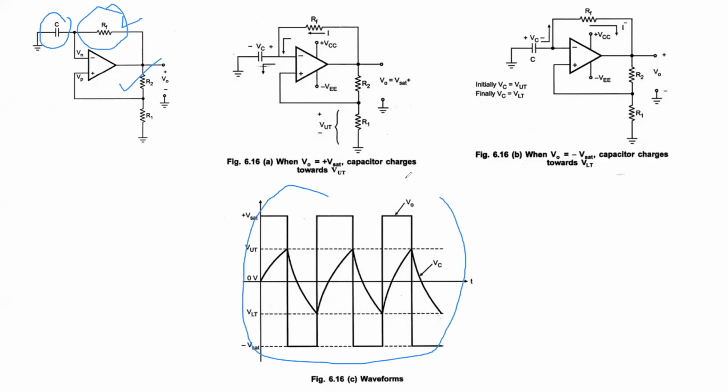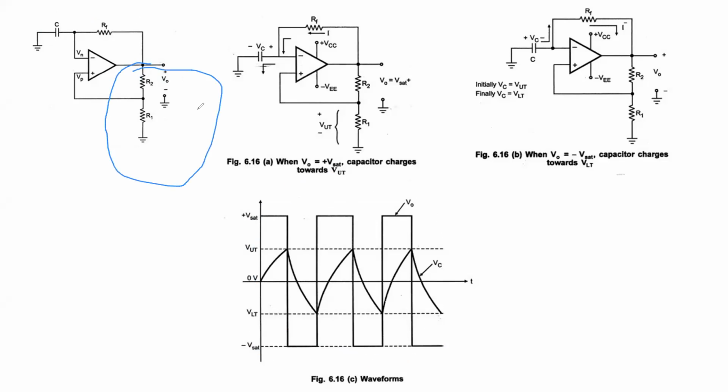Similar to the Smith trigger, we use R1 and R2, which act as a potential divider network.